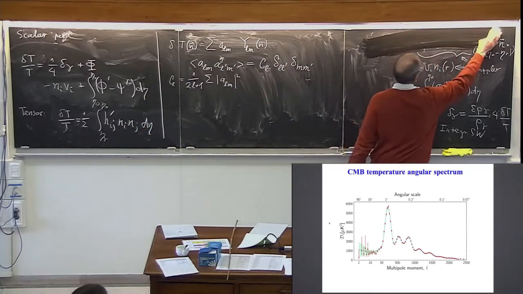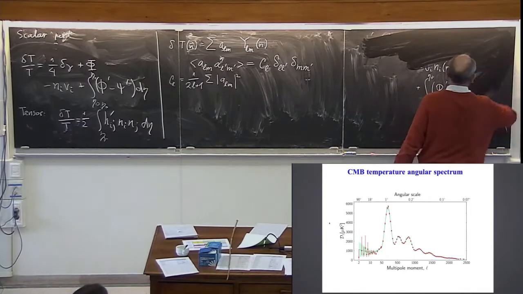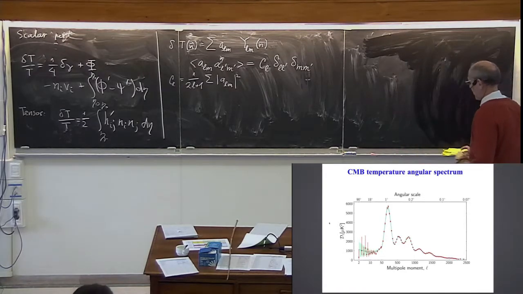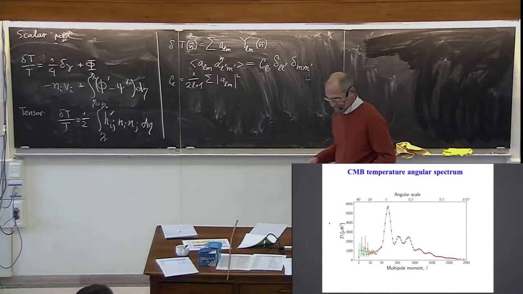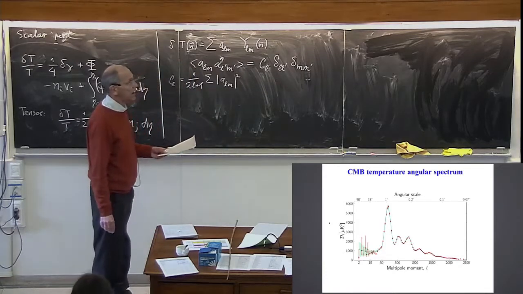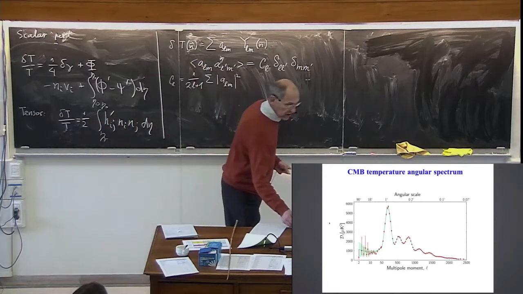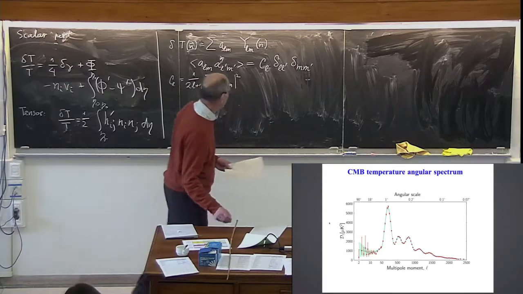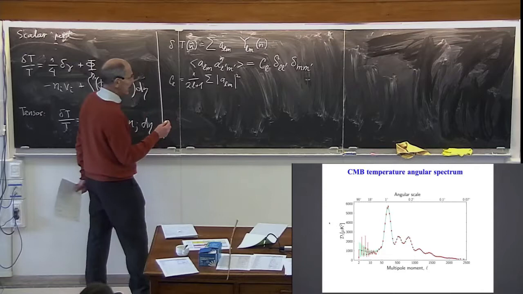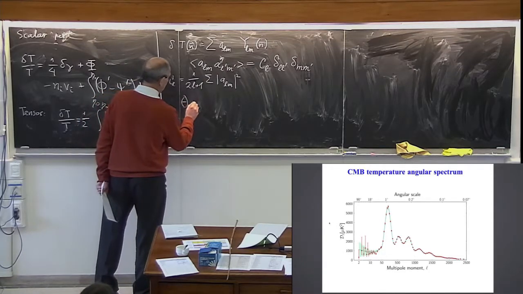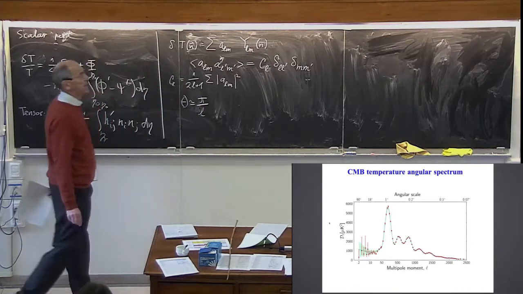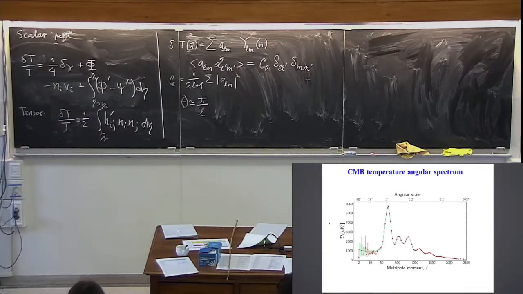For giving an idea, let me just sketch a calculation of the multipoles at low L, at small momentum. Of course, you should understand that there is an approximate relation between the angular scale theta and L, which is pi over L, roughly.